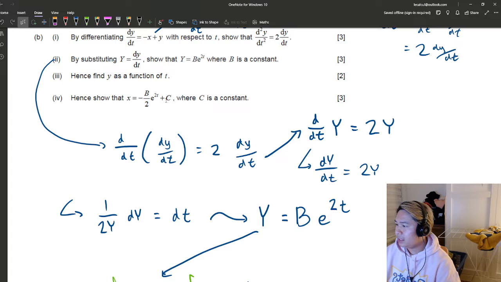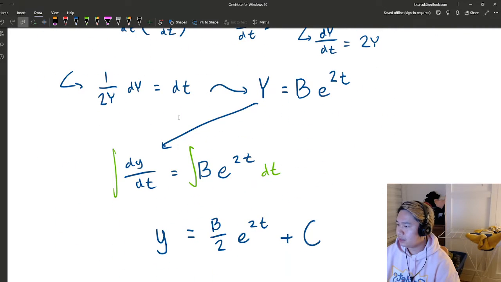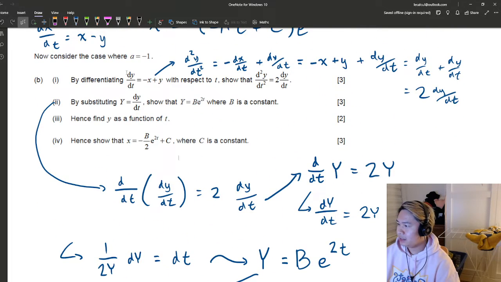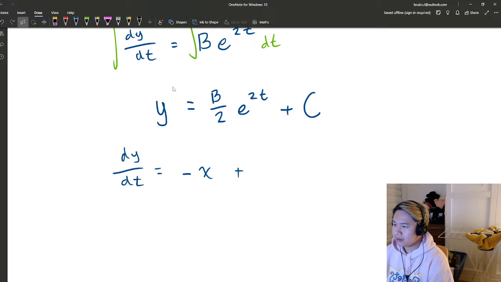Okay, and then hence show that x is going to be negative b over 2 e to the 2t plus c, where c is a constant. Okay, so we're just solving for x, right? So I guess we'll use this equation right here. dy dt is equal to negative x plus y.